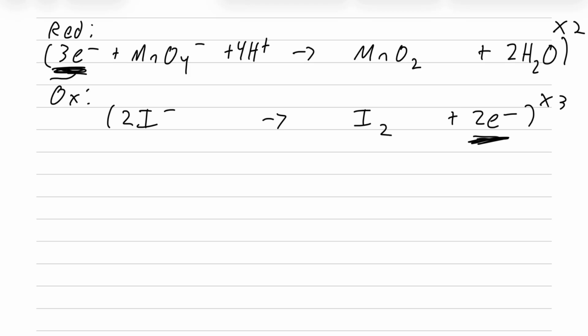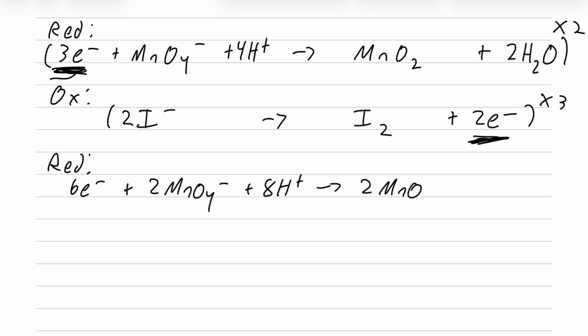So now I will just rewrite it down here. We now have 6 electrons plus 2 permanganate and 8 protons going into 2 MnO2 and 4 water.